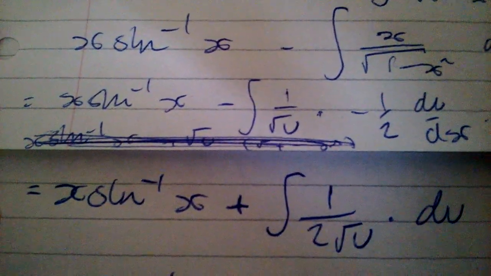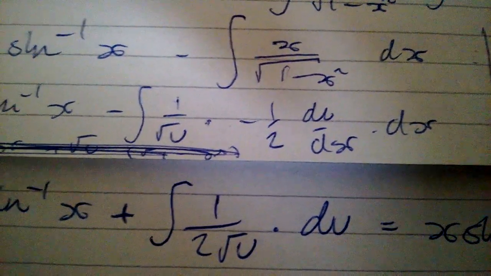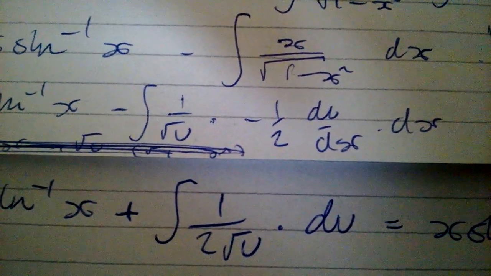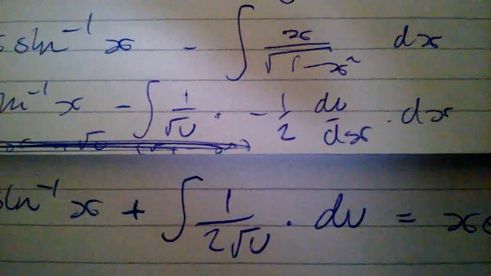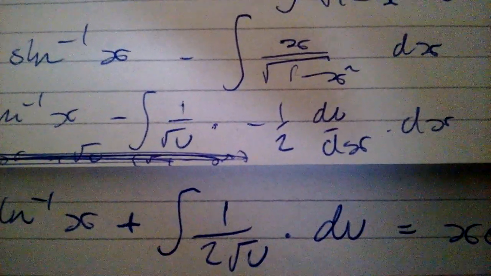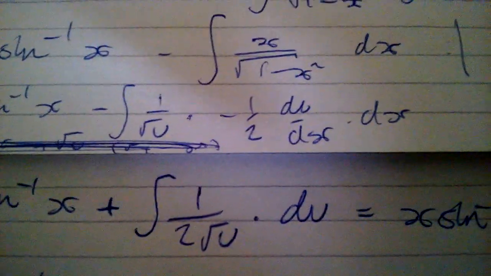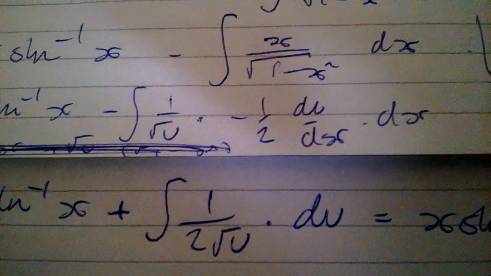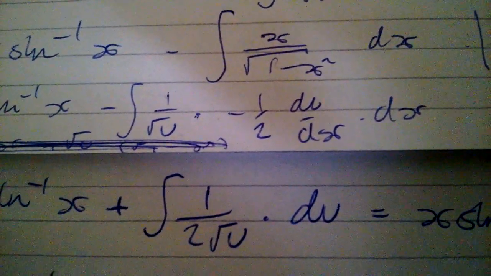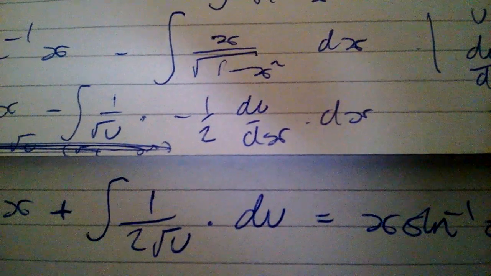The first term is unchanged, x sine minus 1 x, and then I'm integrating 1 over the square root of u. I've got two minuses, this minus and this minus, which make a plus. So I've got plus 1 over 2 square root of u, and the dx's cancel out, so I'm integrating that with respect to u.